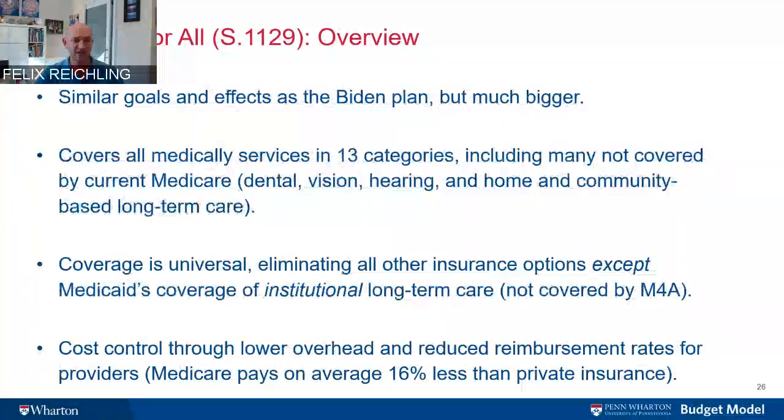It eliminates all other insurance options except for Medicaid's coverage of institutional long-term care, which is not covered by Medicare for all. And it puts in place cost controls to lower overhead and reduce reimbursement rates for providers. So Medicare pays on average 16% less than private insurance companies.